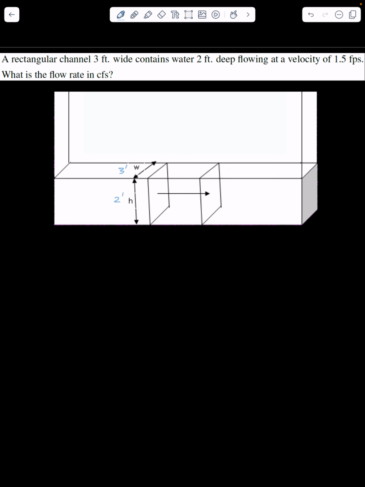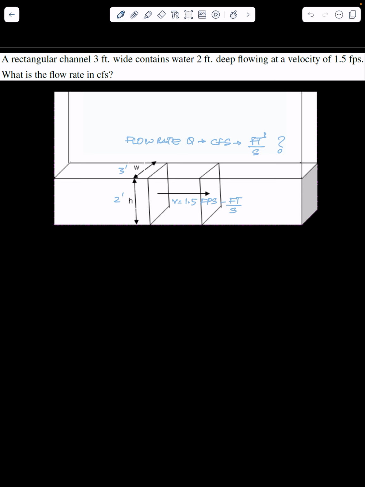And the velocity is equal to 1.5 fps, which is feet per second. And what it's asking is what is the flow rate, which is Q, in CFS, or cubic feet per second. This is what we need to find out.